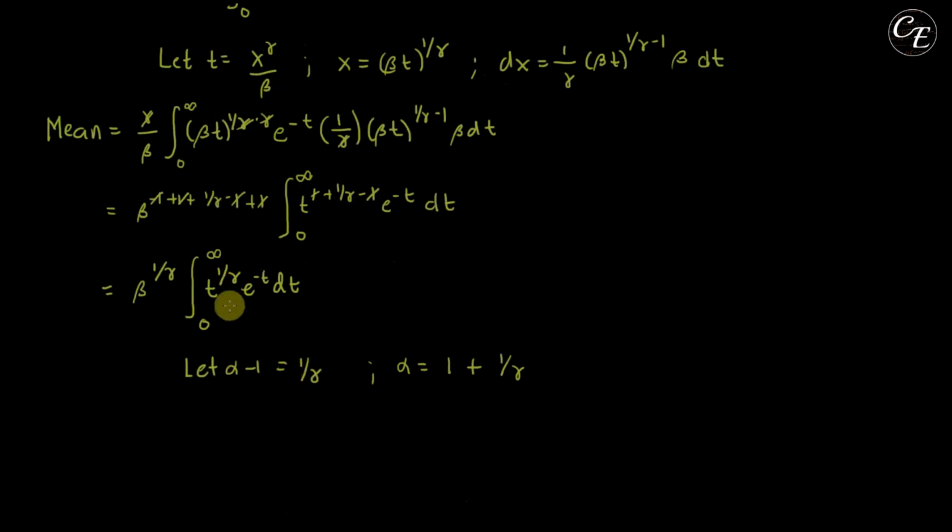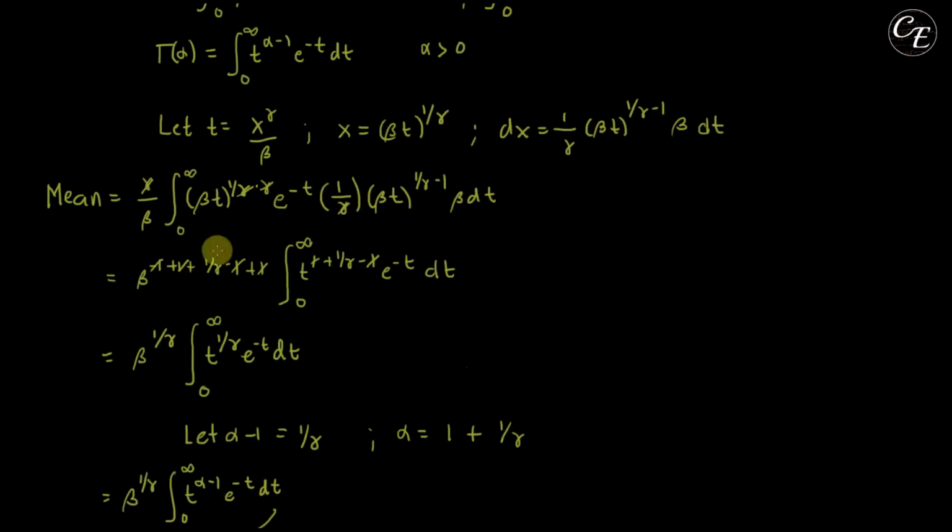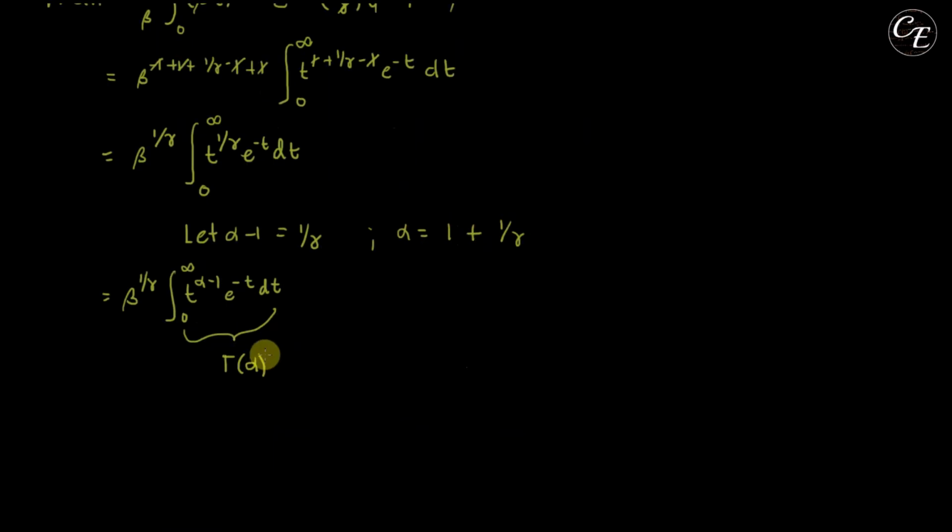Then using this, we'll get beta raised to 1 over gamma integral of t raised to alpha minus 1 e raised to negative t dt from 0 to infinity. Now this integral expression is the same as our gamma function. Then we can replace this one by big gamma of alpha. Then using this, we'll get beta raised to 1 over gamma times big gamma of 1 plus 1 over gamma. So now this is our mean for the Weibull distribution.